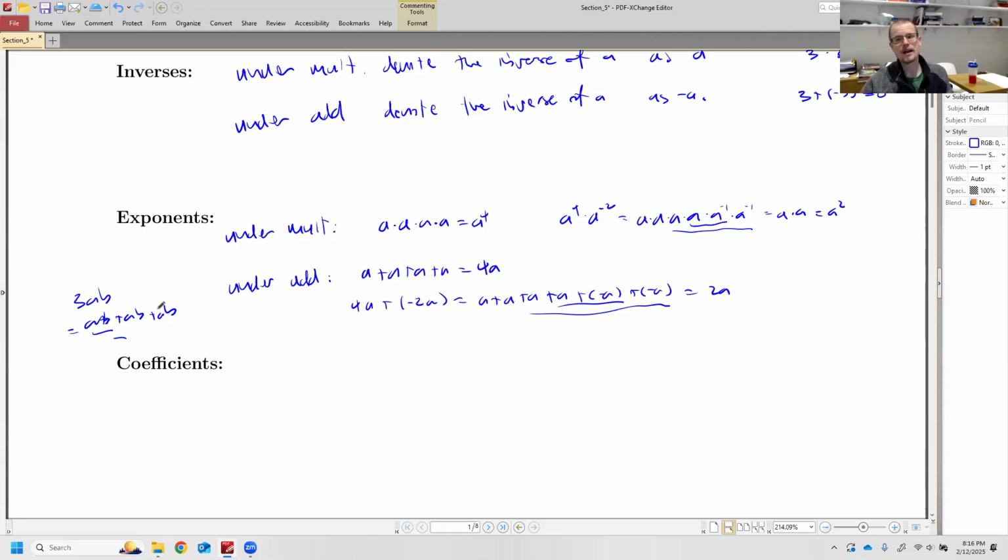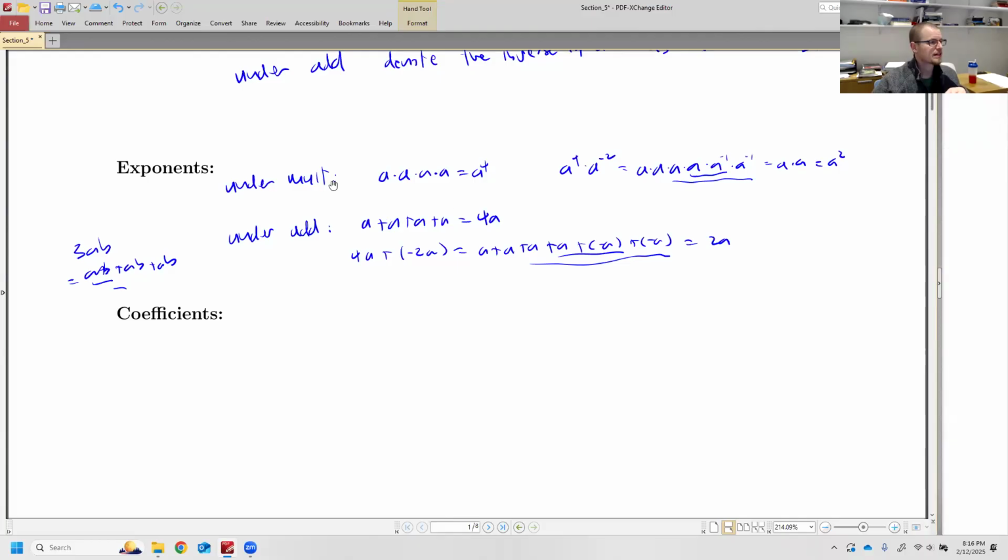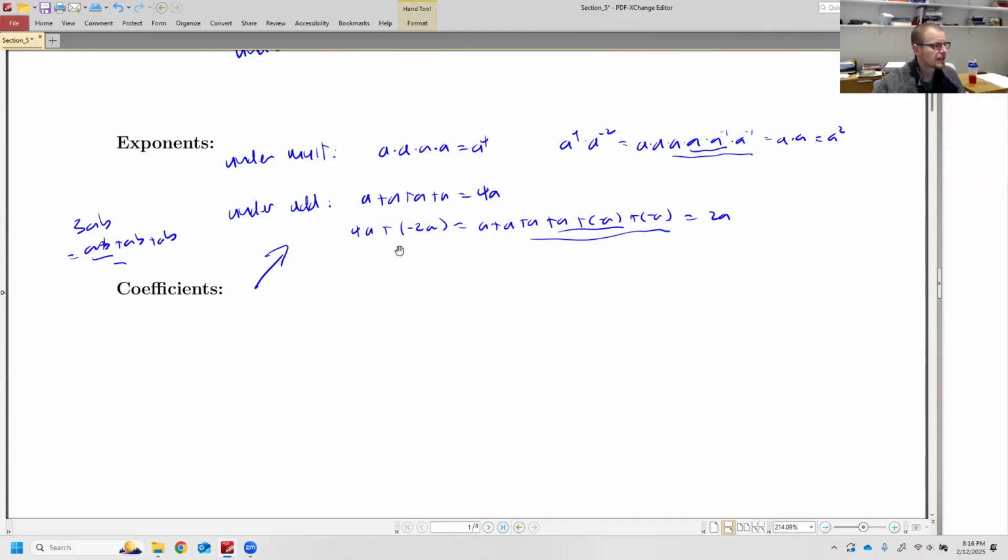We have just one operation. A group is defined as a set with one binary operation. So be aware of that. We're not using multiple operations right now. So we have this idea of exponents and coefficients here. So that's a bit on notations.